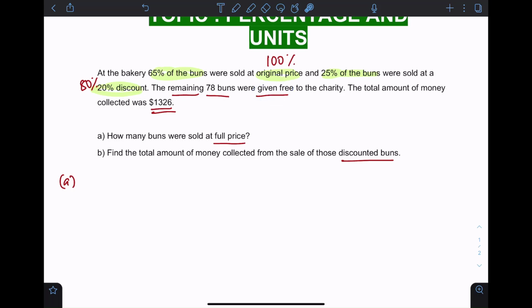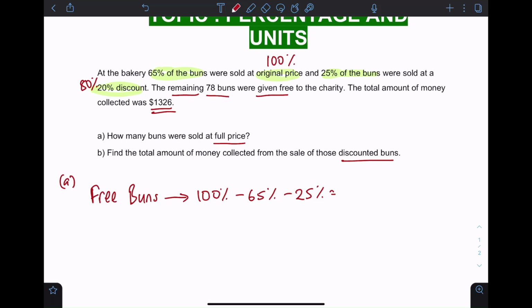But the good thing is we will be able to find the percentage of buns that were given away for free. So we can write this down. Free buns. This will be 100%, take away the 65% that was sold at original price and take away another 25%.